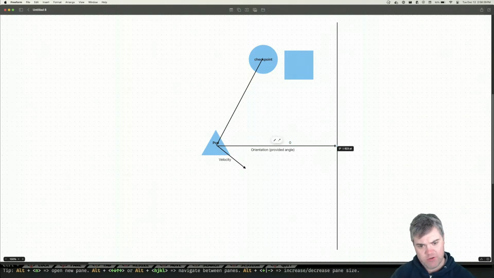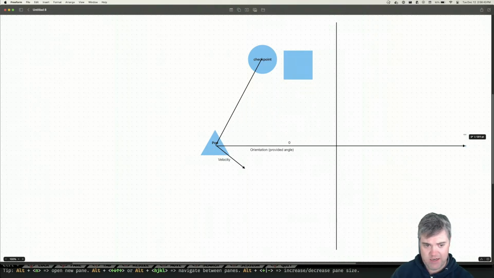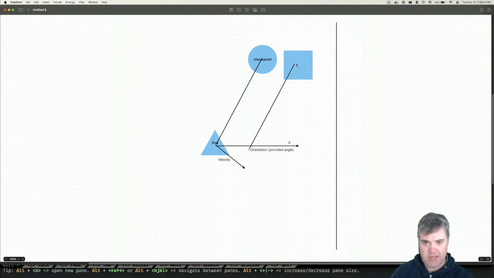Even if it is technically outside of this, it's still going to calculate the angle, because the angle is the same regardless of how long this line is. Unless I do something weird like that. Here, there. And then that gives me the ability to figure out what this is.